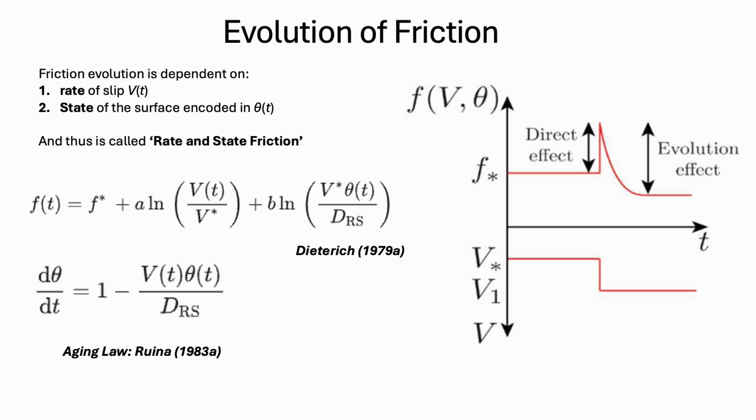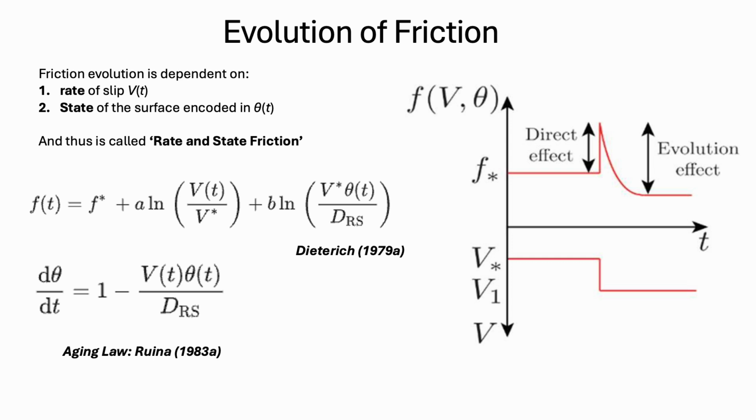And so over here we need to clear up some terms. Theta is called the state variable. State variable is kind of ambiguous, but it encodes the state of the surface. When you're sliding a body, the surfaces are rough, they're not exactly smooth. So as you're sliding it, the surfaces shear and break and then form again, and those asperities on the surface keep on changing with time.